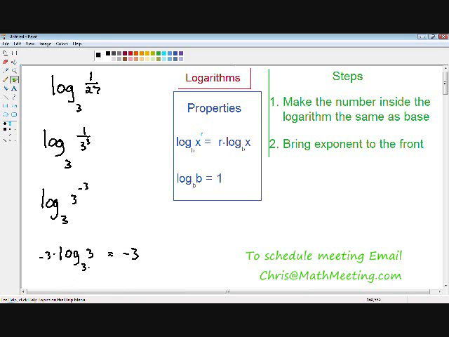Notice how we have a 3 in the base and we have a 3 that's inside the logarithm. So whenever the base is the same as the number inside, according to the second property, that just equals 1. So we have a -3 multiplied by just 1. -3 times 1 equals -3. And now we have evaluated this logarithm without using a calculator.